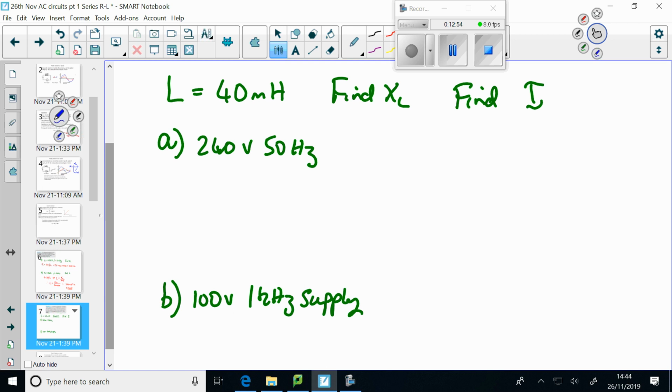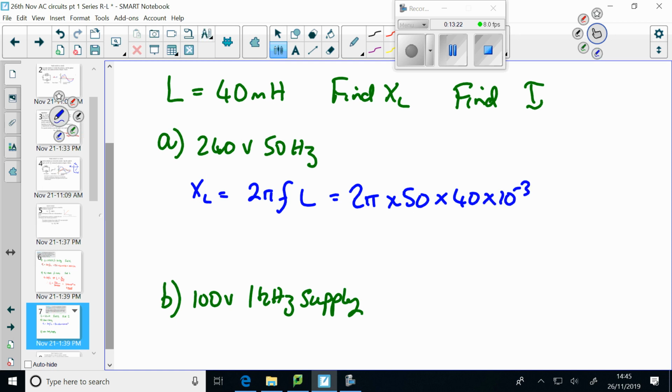Have I got the information I need to find XL at the top? How am I going to find it then? Times 10 to the minus 3 for that is the easiest way.